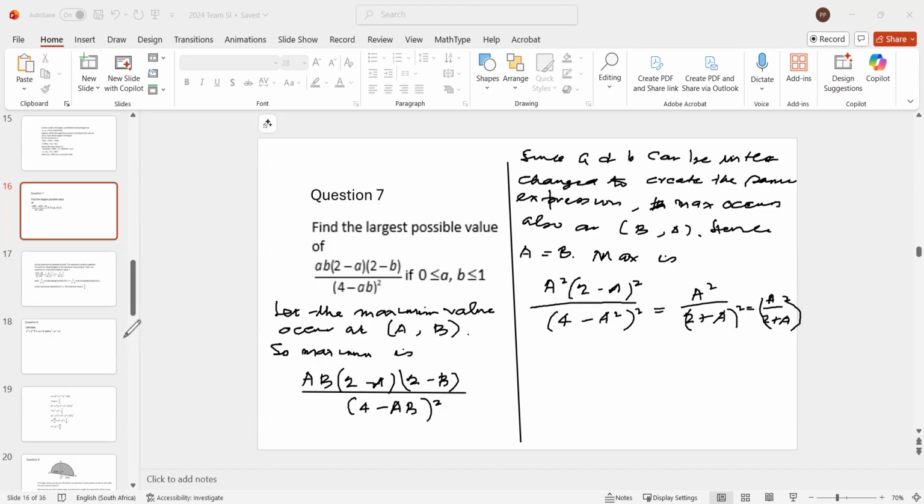Okay, so what does this mean? It means that you need to work out the maximum value of this.